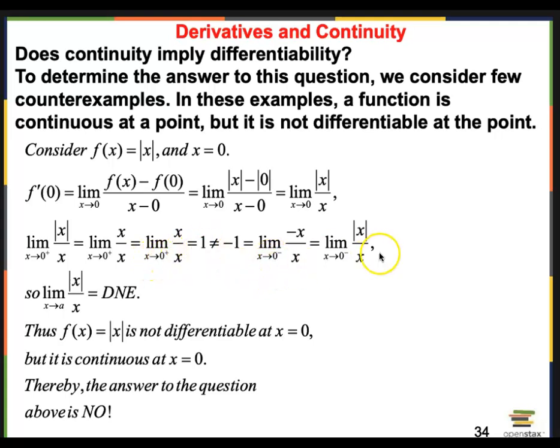And when we look at it from the left, it's -1. Those are not equal to each other. So looking at it from the left and from the right, you'll see the limit does not exist. Thus, it is not differentiable at x equals 0, but it is continuous at x equals 0. So even though differentiability implies continuity, it is not the other way around. Continuity does not imply differentiability.